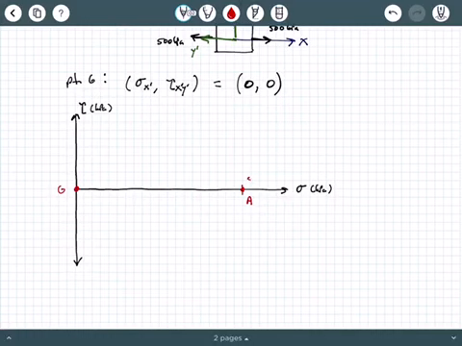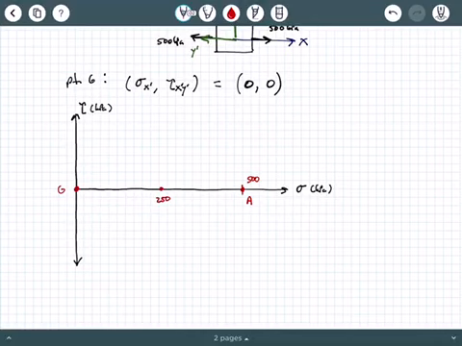And again, you need to put units on these because these are stress values and they carry units. So we have one important point over here. This was point G. And then we have the point A, let's say somewhere over here. Point A was 500, 0, and G was 0, 0.